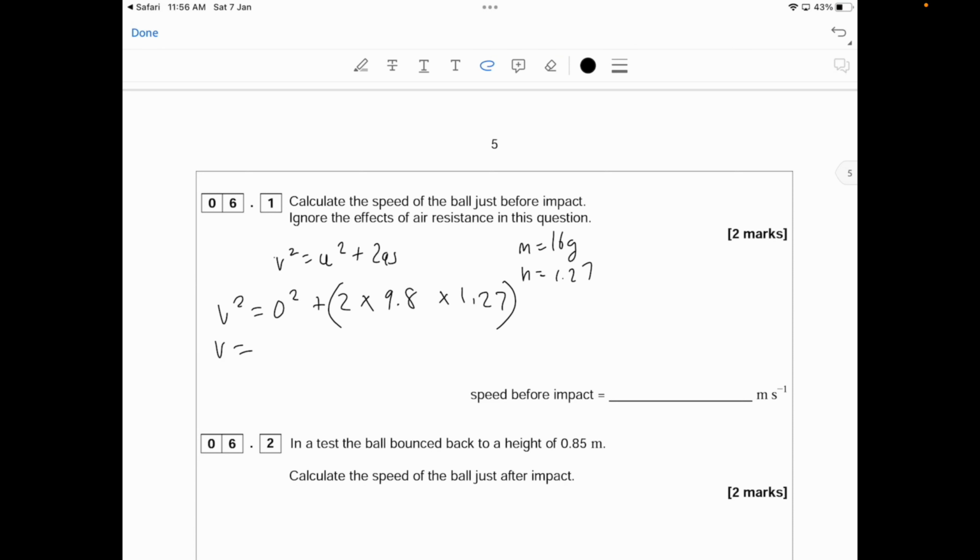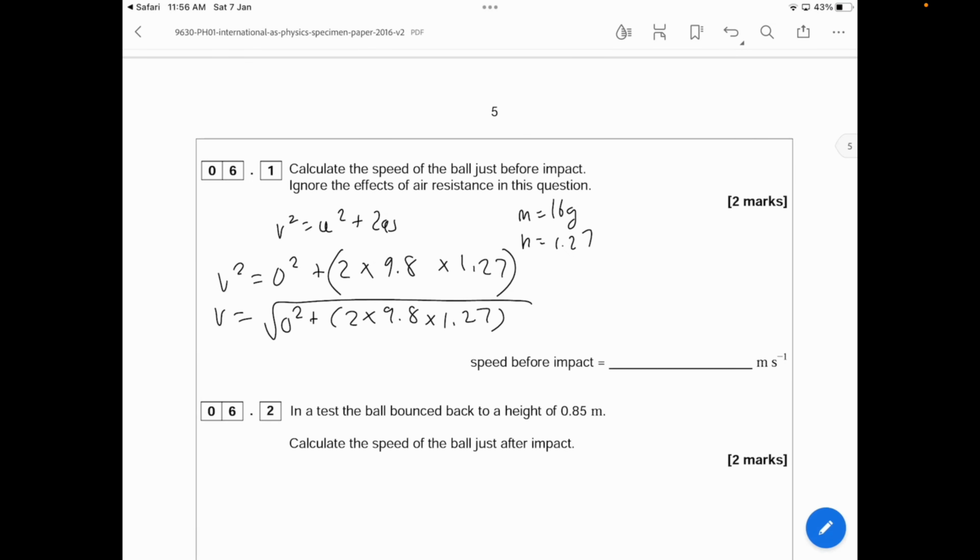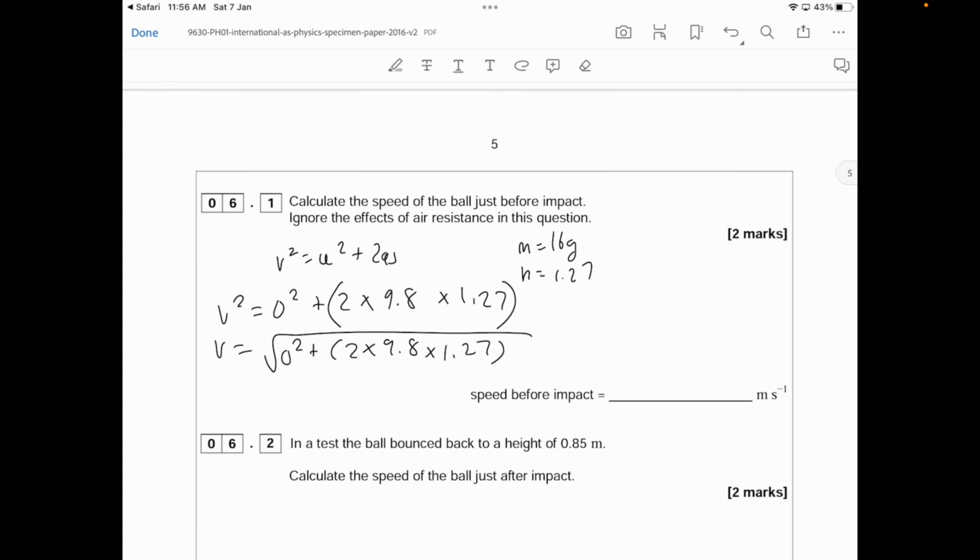So v is equivalent to the square root of 0 squared plus 2 times 9.8 times 1.27, all in brackets. It's really good when you put in brackets, so it's easier to understand the question. That gives you a value of about, the speed before the impact is going to be 4.98 meters per second.